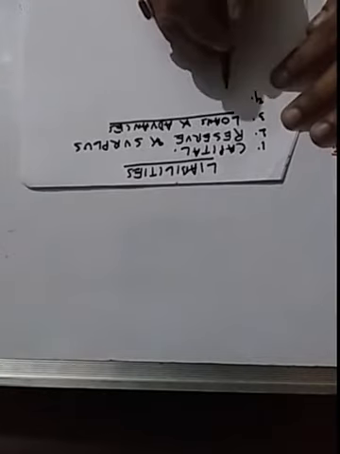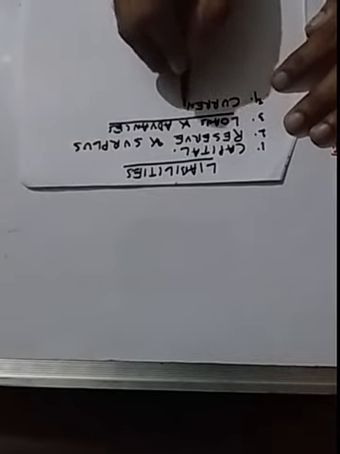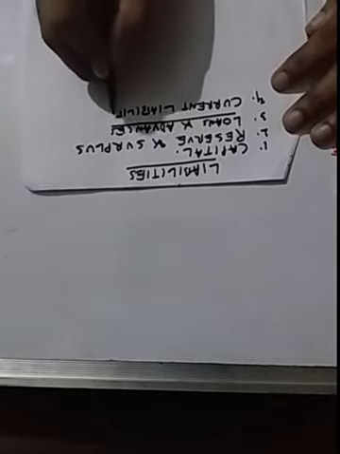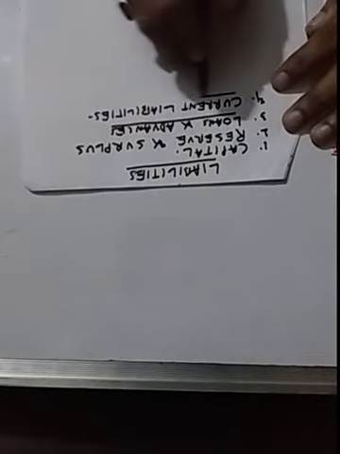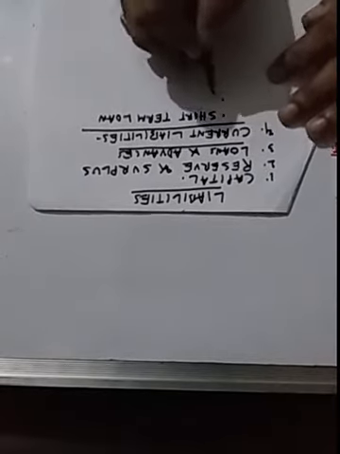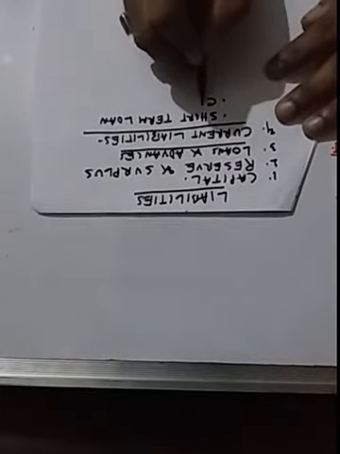Number 4 is the current liabilities. Under current liabilities, see short-term loan. Next, creditors.